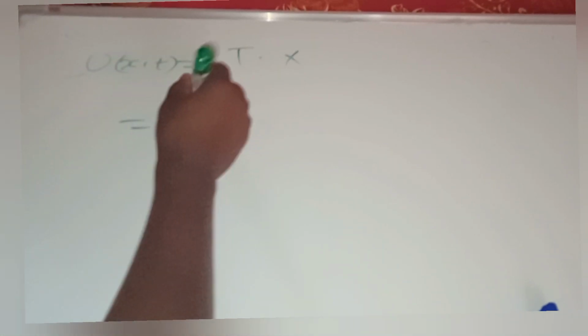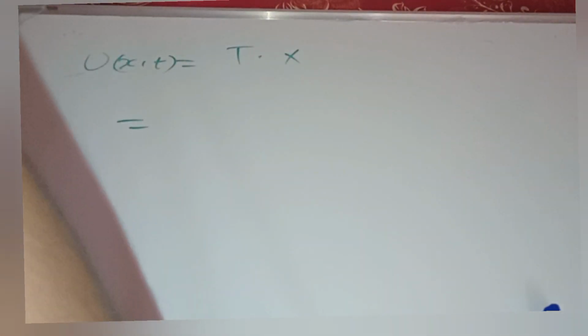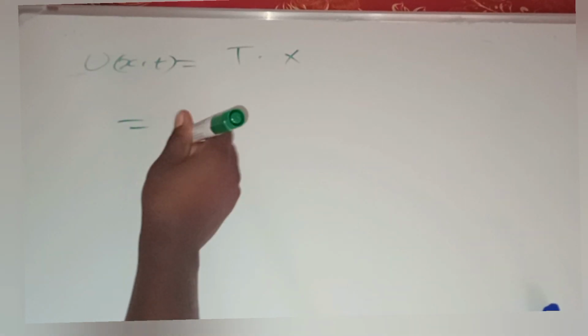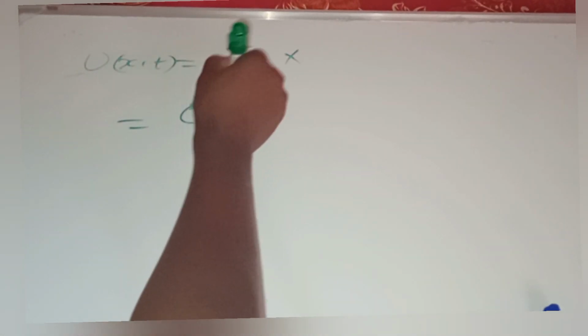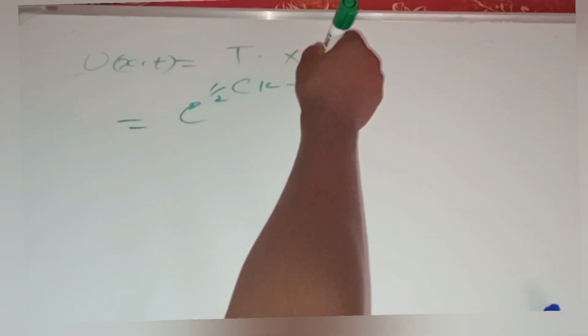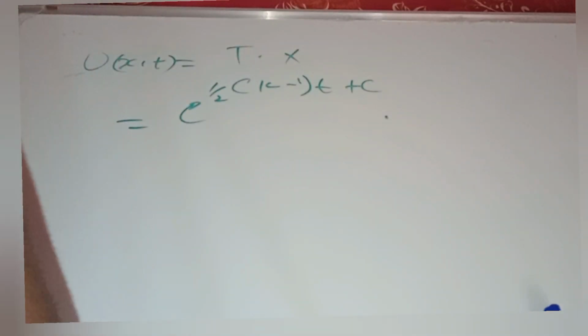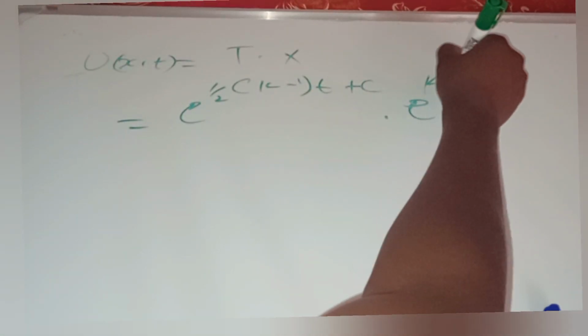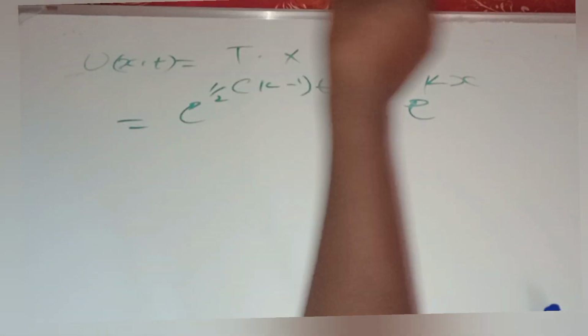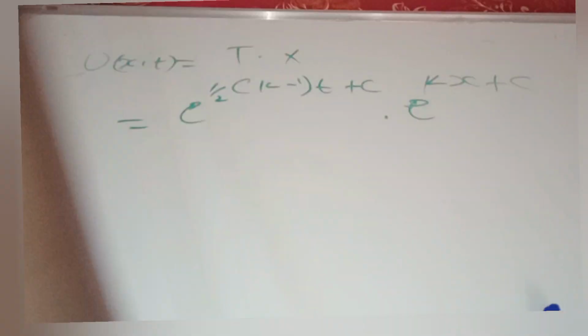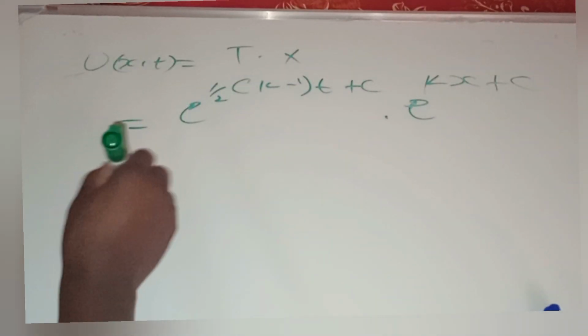And our t, you have seen that our t is equal to e raised to the power half of k minus 1 t plus c, multiplied by x. And x is e raised to the power kx plus c.